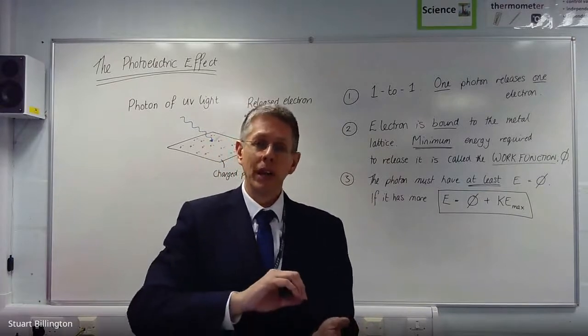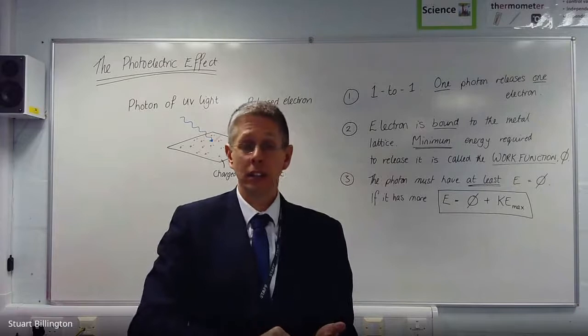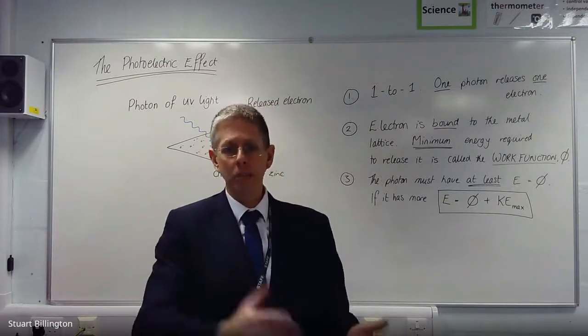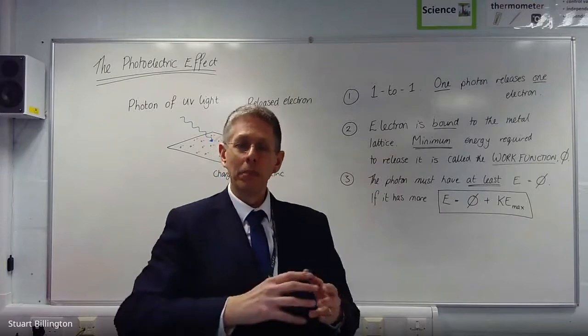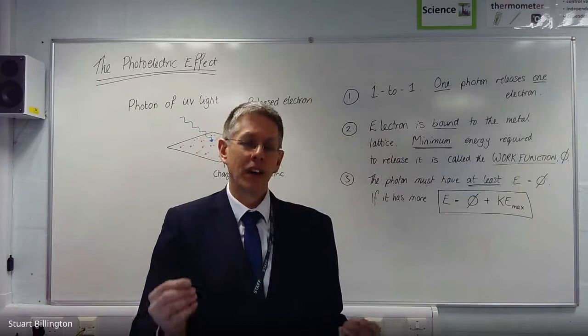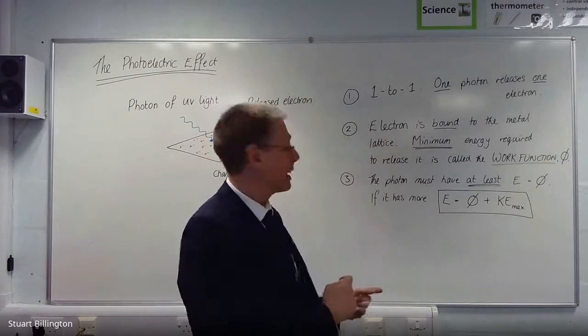And also he published his ideas on special relativity, which revolutionized our thinking about space and time and speed. So he did a lot. He had a good summer that year, 1905. But it was this that he got the Nobel Prize for.